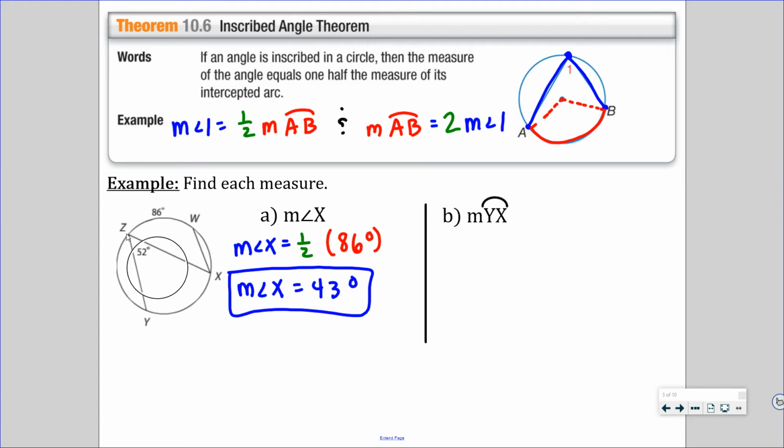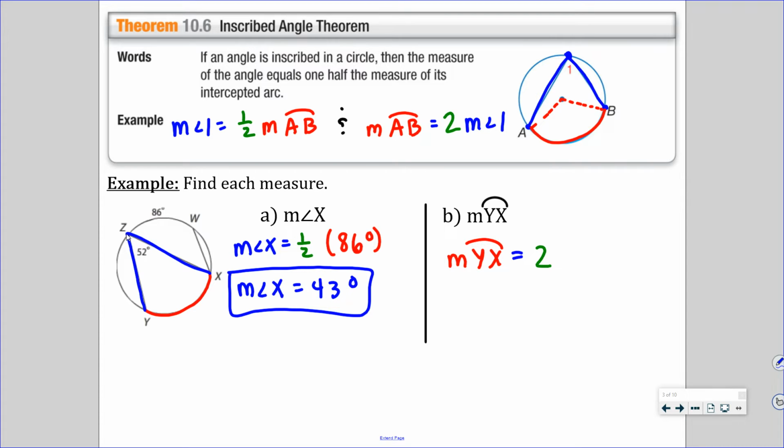This one kind of goes the other way. This time they want us to find the measure of arc YX, this arc right here. All right, so I look and I see this inscribed angle that's forming that arc is 52 degrees. And I know the arc measure is going to be 2 times that angle.